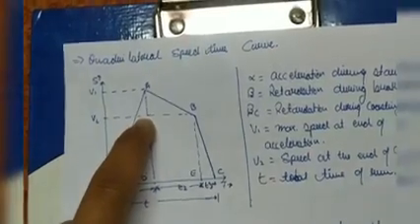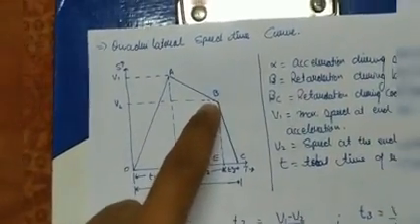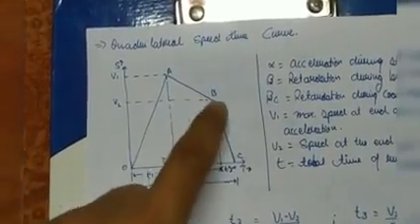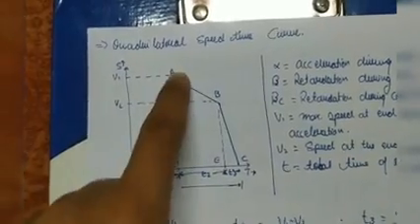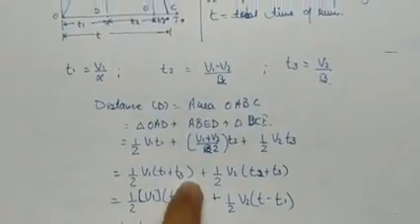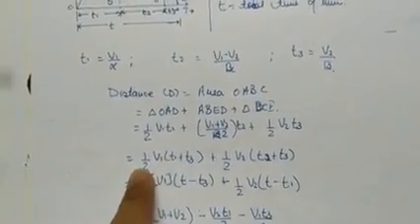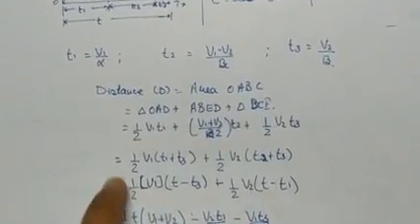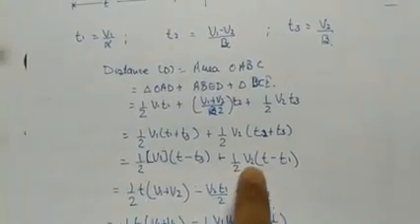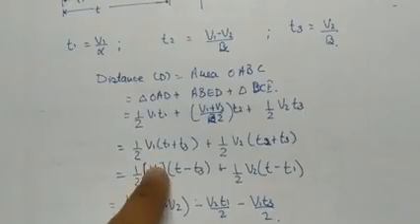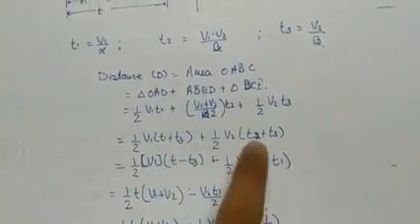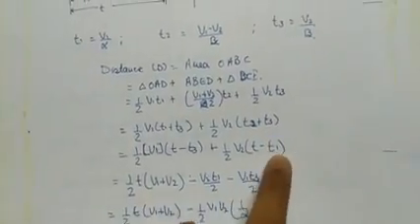We can calculate it in two parts: the area of this rectangle and the area of this triangle. When we sum these up, we come to this conclusion. Multiplying everything out, I have taken v1 common from this and v2 common from that, and replaced t1 plus t3 by t minus t3, and t2 plus t3 by t minus t1.